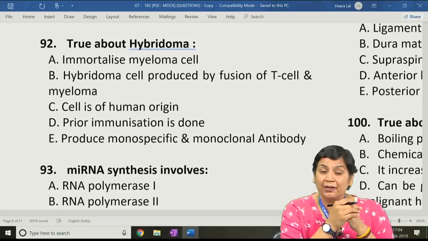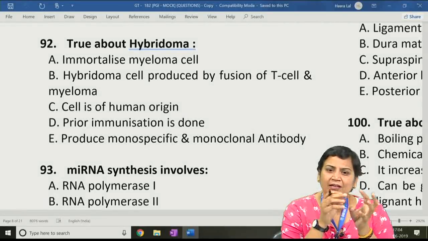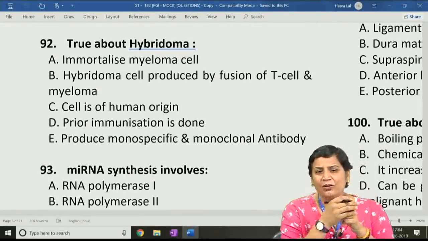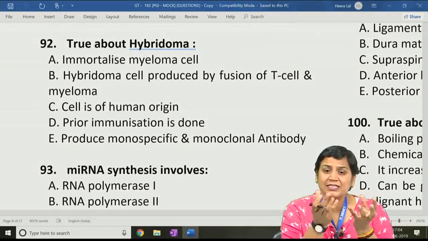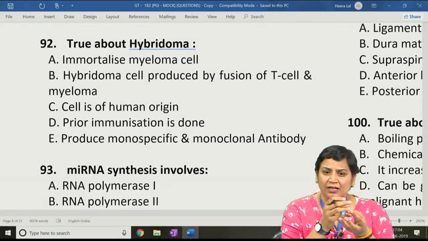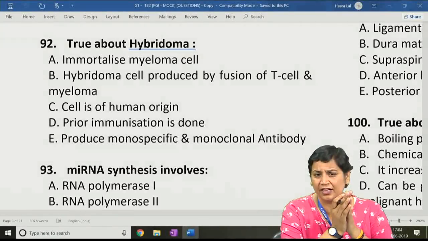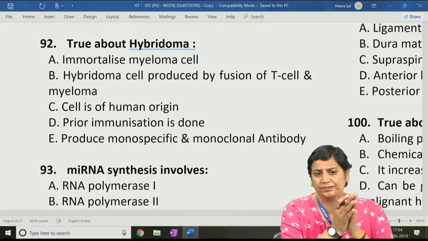HAT medium is hypoxanthine aminopterin thymidine medium. So some will be HGPRT positive, some will be HGPRT negative. B cells individually will die, only the hybridoma cells will survive. Why? Because in HAT medium, aminopterin, which is an inhibitor of dihydrofolate reductase, will not allow the biosynthesis of purines.